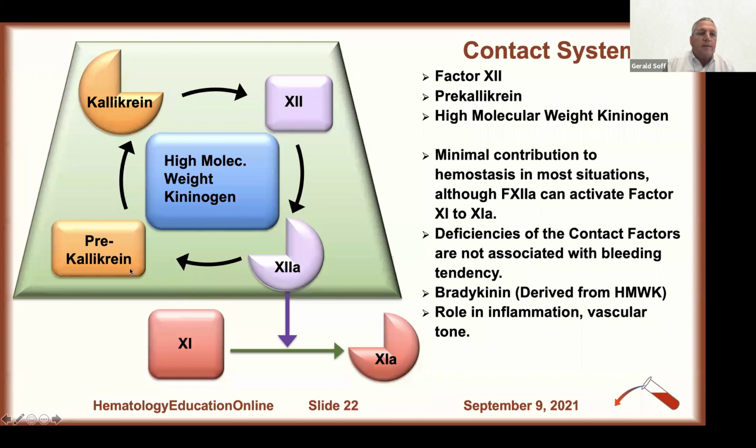Factor 12A can convert prekallikrein to kallikrein. So you have this positive feedback loop, and high molecular weight kininogen serves as a cofactor for these reactions to occur. Factor 12A can, as I said, feed back to activate more prekallikrein, but also can convert 11 to 11A. And this is how the contact system initiates the intrinsic arm of the clotting system.